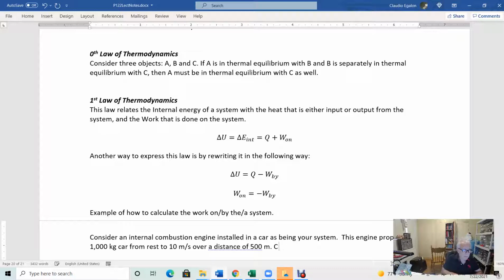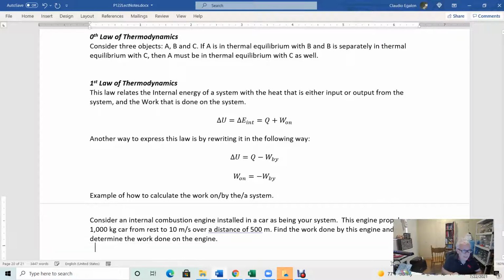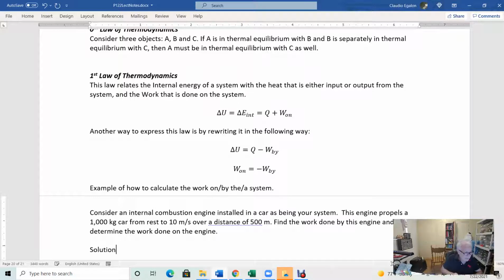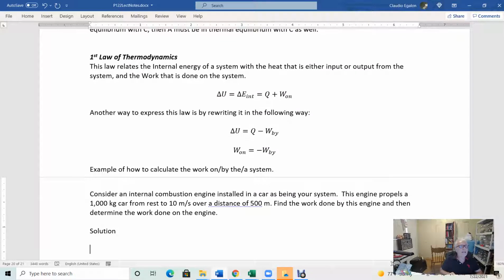Find the work done by this engine and then determine the work done on the engine. A very simple problem, so you can understand how to solve different problems.